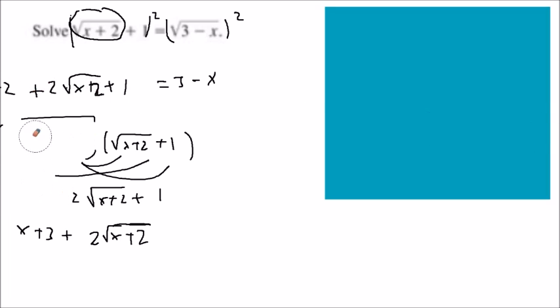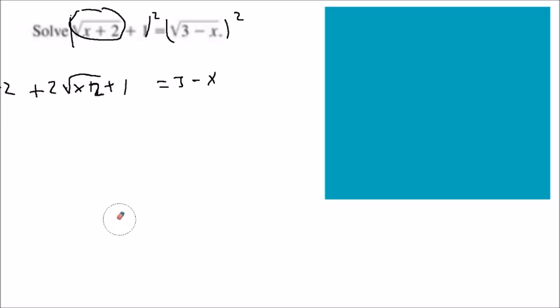Okay, let's erase everything. x plus 2 plus 1 is x plus 3. We can subtract x on both sides. Actually, I want to move everything to the right side, because I want to isolate the square root. I want to get rid of the square root.